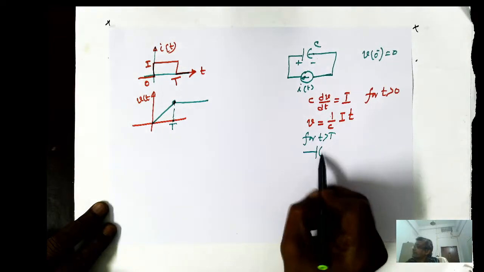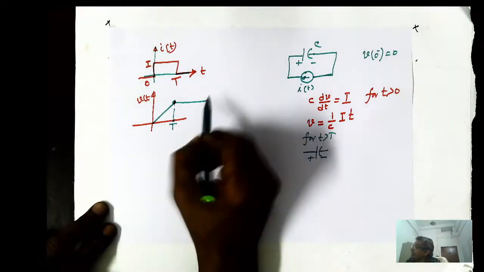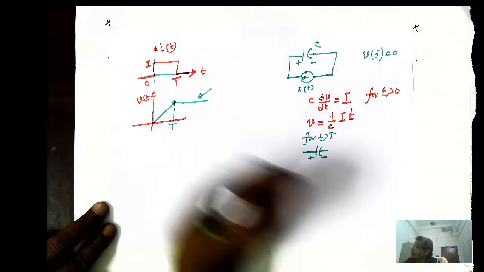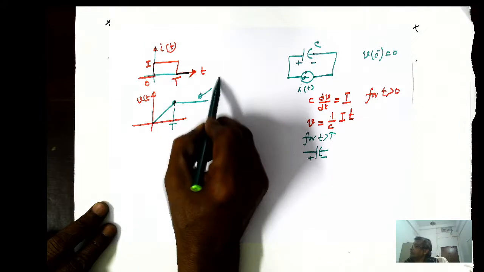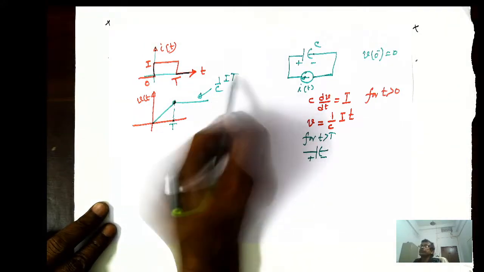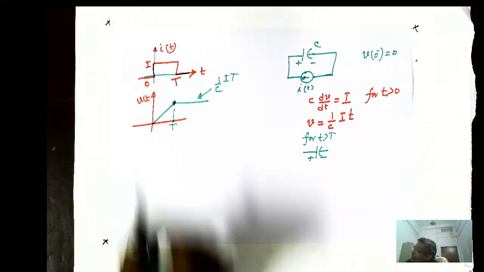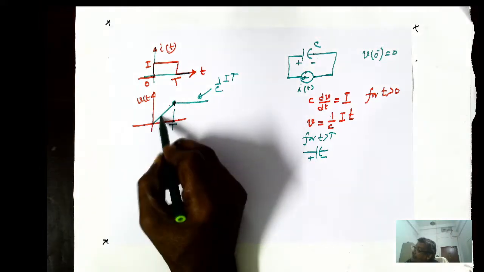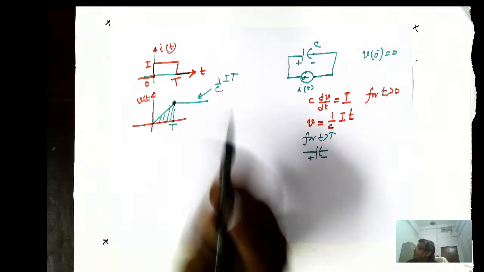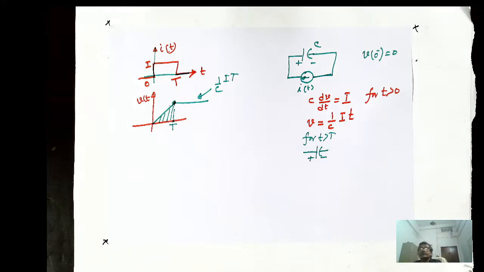And by that time it has reached a voltage whose level is 1 over C into I into capital T. This is the voltage to which it is developed. And you have spent so much of volt second to establish that voltage, because the area under the current time curve gives the voltage developed across the plates of the capacitor.